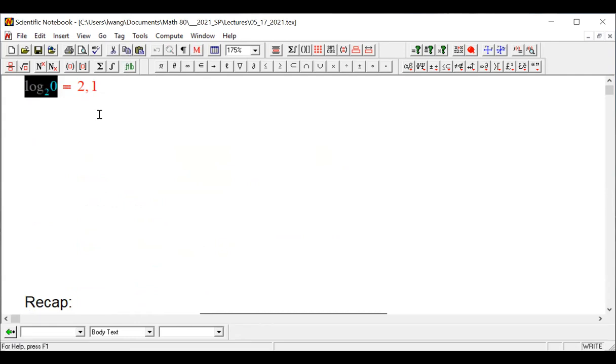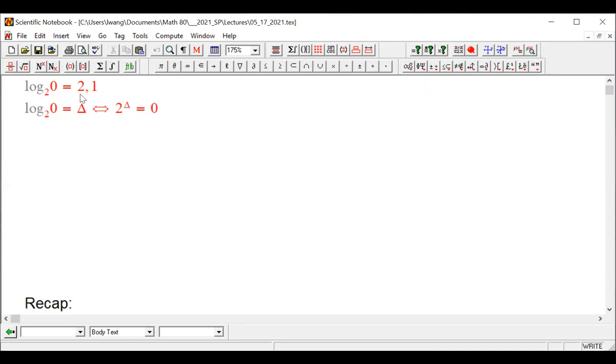How do we figure out the value of log base 2 of 0? What does that equal? Suppose it equals triangle. According to the definition of logarithm, this triangle, raised to the power 2, should equal 0.